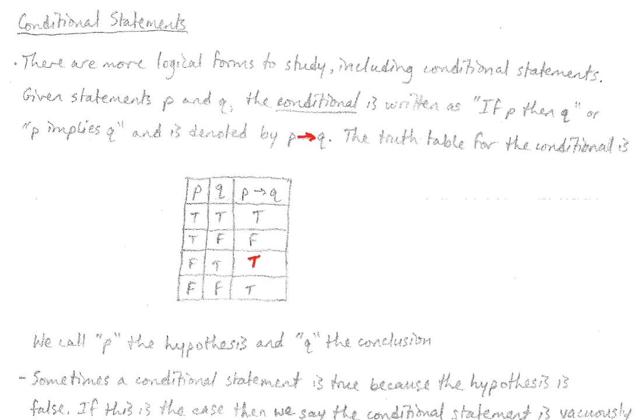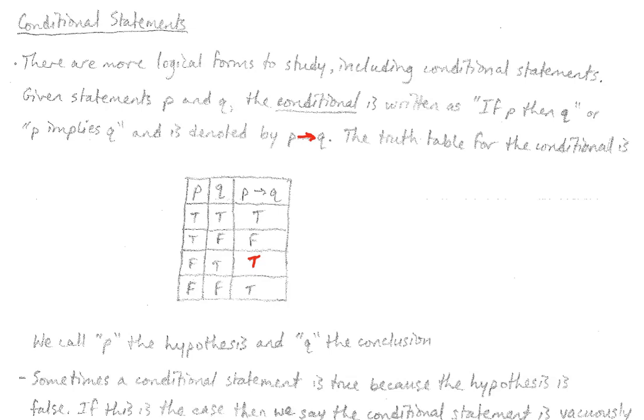And then a false implying a false is actually true. So in most cases, your conditional is true, except for only one case, when you have a true implying a false. In the conditional, in the if P then Q, that first batch of stuff that follows the if, so the P, we call that the hypothesis or hypotheses, and Q we call the conclusion.